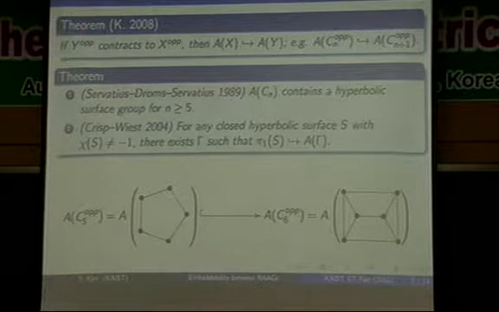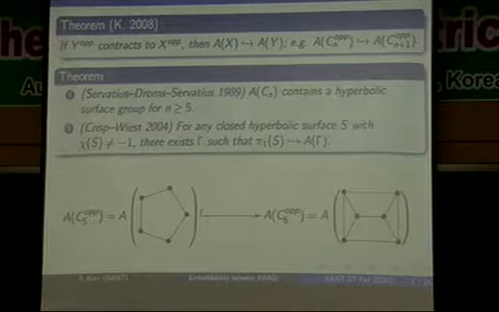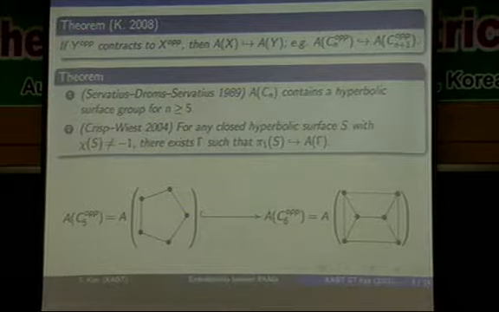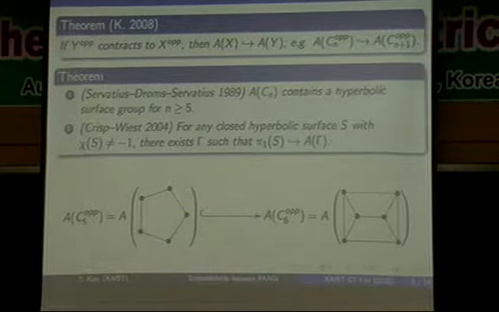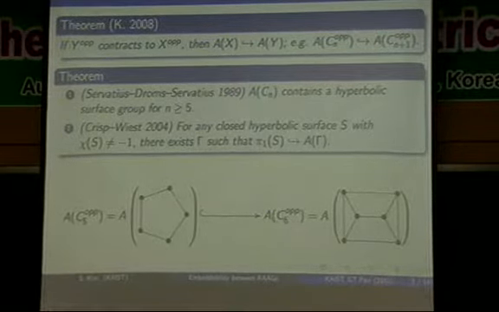And actually, not answering the question, Chris showed that as long as a closed hyperbolic surface does not have Euler characteristic -1, one can embed that hyperbolic surface's fundamental group into some Artin group. But in their examples also, all those graphs gamma contained an n-cycle for n at least 5.